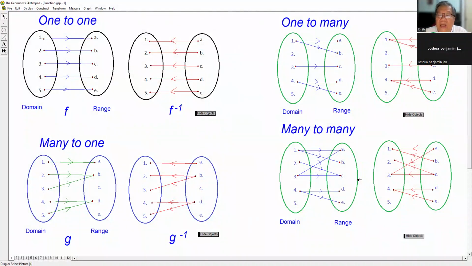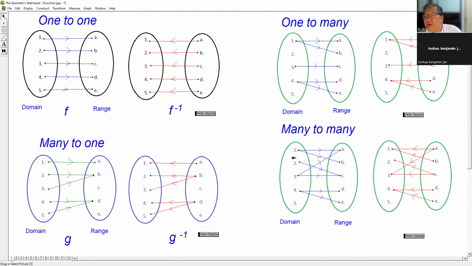Then I ask you, hey, this relation many-to-many, is it a function? Can you answer me? This one, is it a function? One-to-one function, many-to-one function. Now, in order to decide whether this is a function or not, you check and see.